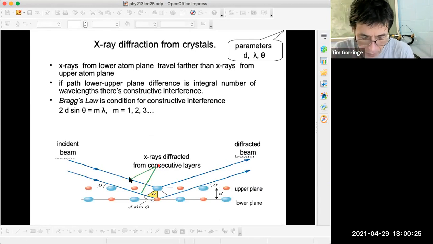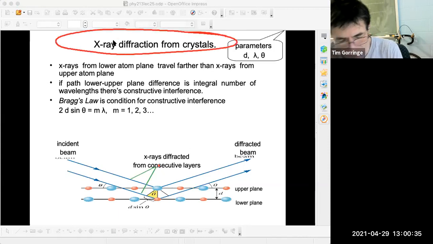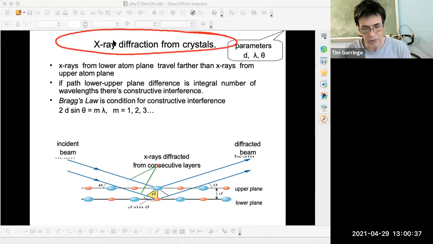So in this slide, I'm trying to show you how X-ray diffraction of crystals works. I've titled it X-ray diffraction of crystals. This is how Bill Bragg saw that crystals were regular arrays of atoms, ions.